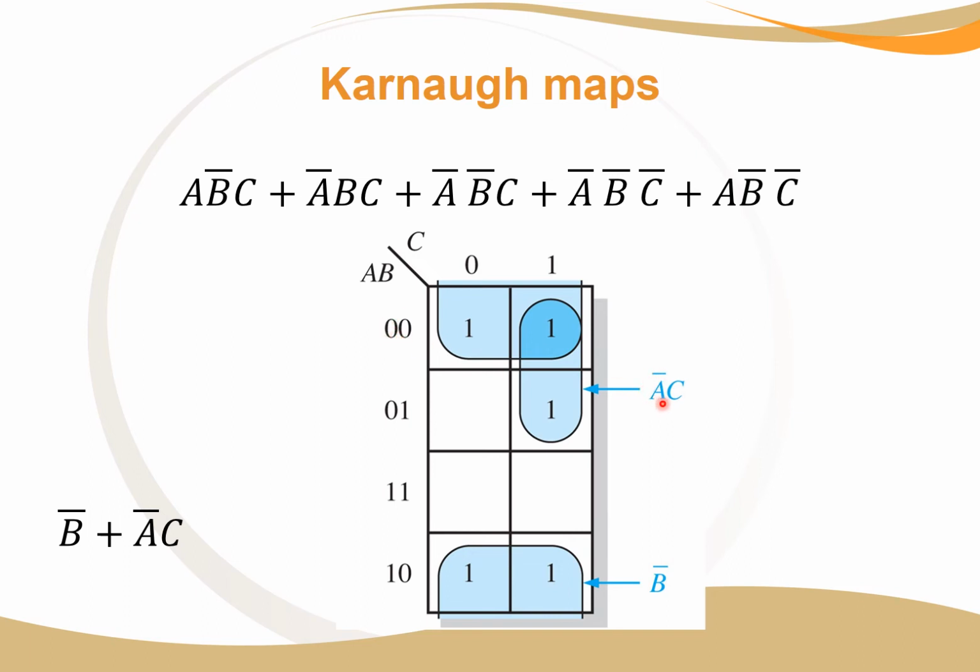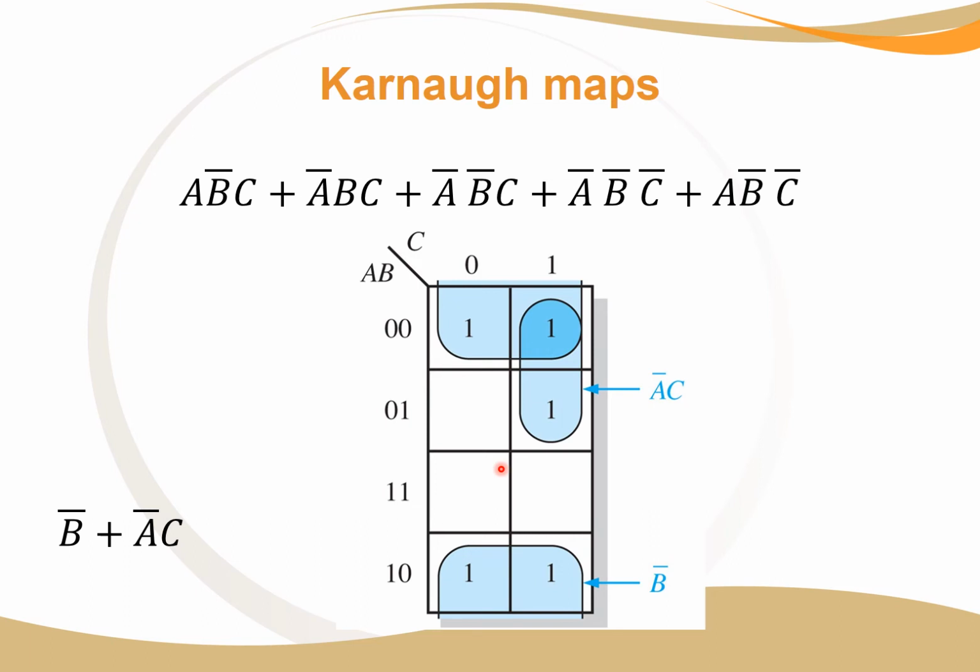So you write down A complement. B inside this group goes from a 0 to a 1. So it goes from a complemented state to an uncomplemented state. So that means, according to our rules, it falls away. So B is not written here. And then the other variable, C, just stays the same value, so it stays, and it is a 1. So that's the expression of this group.